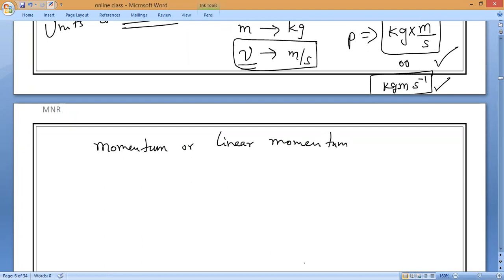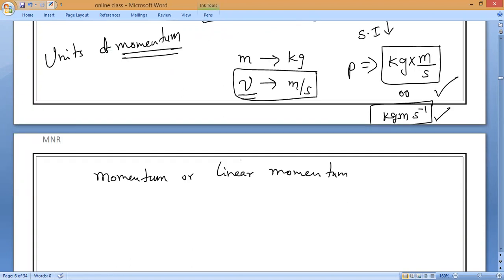So is it a scalar quantity or vector quantity? It is a vector quantity. Direction is always mentioned, so that is why it is a vector quantity. Please remember that.